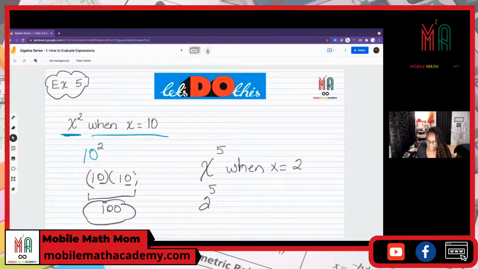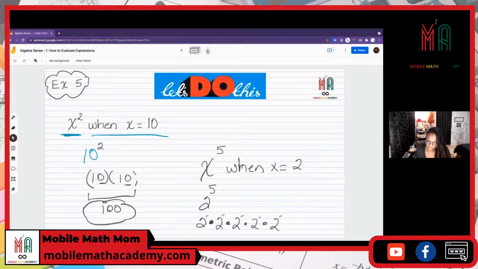And that means I need to multiply 2 times, now you can sometimes put a dot in between your numbers or variables, 2 times 2 times 2 times 2. Okay, so I am multiplying 2 times 2 times 2 times 2. Notice there are 1, 2, 3, 4, 5 2s.